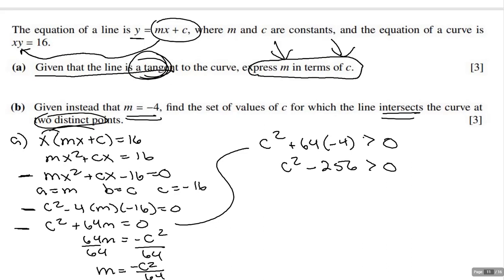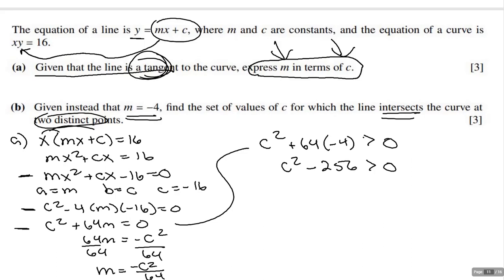Now, I've got to tell you, this is probably one of the easiest mistakes to make. This is a quadratic inequality. You've done a lot of work, and then you get to this point, and what people want to do is add 256 to both sides, square root both sides, and say the answer is plus or minus or equal to or whatever.